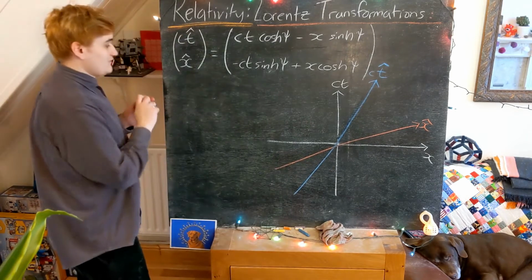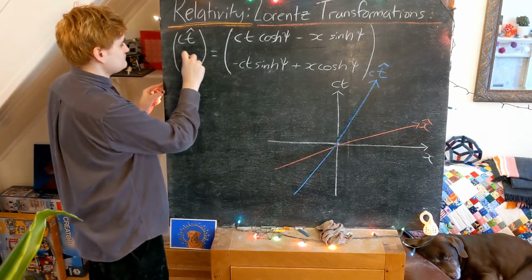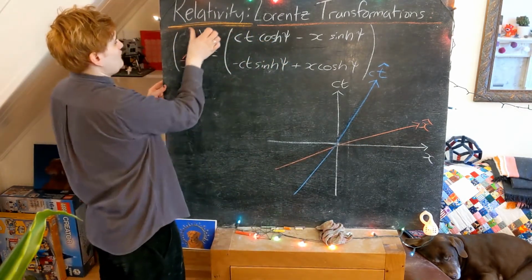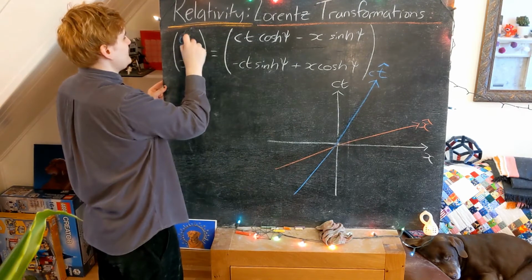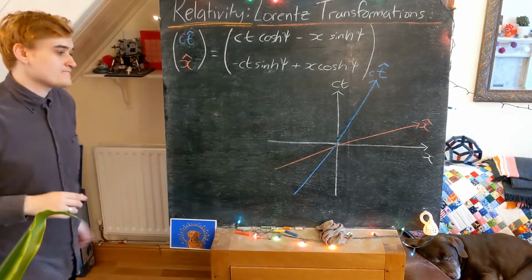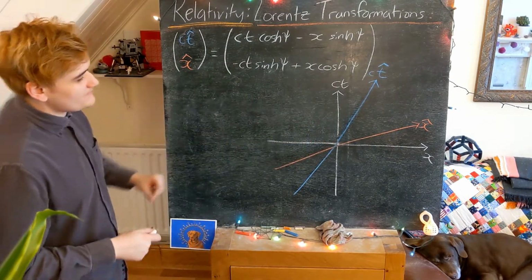So maybe it will now be helpful if I colour code these over here. So the red line is x hat, and the blue line is our t hat coordinate. So let me just be absolutely clear what this figure is now.